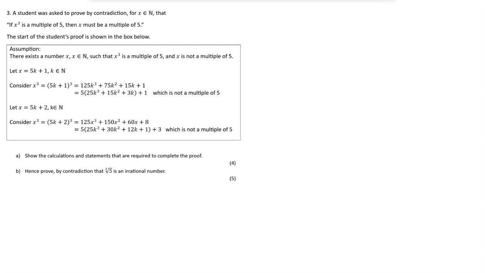So our assumption: we're going to assume the cube root of 5 is a rational number. If we're trying to prove it's an irrational number, we start by assuming that it is a rational number instead. If I can show that that's absurd, if I can show that it can't be a rational number, then it has to be an irrational number.